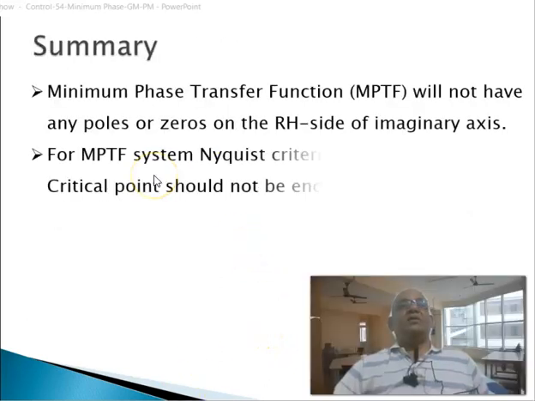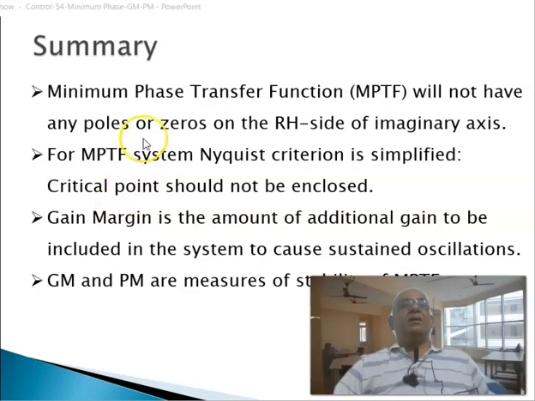With that, we will provide the summary here. Minimum phase transfer functions do not have any poles or zeros on the right hand side. For MPTF, the Nyquist criterion is greatly simplified. You draw only one segment, that is s equals jω, with ω varying from infinity to 0, and we will now see that the critical point should not be enclosed as the criterion.